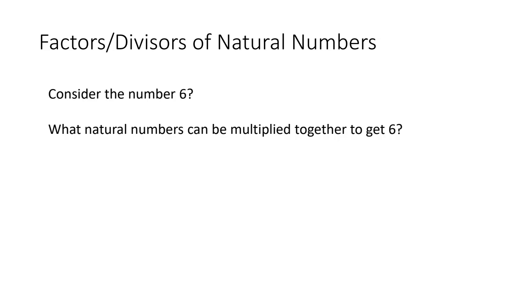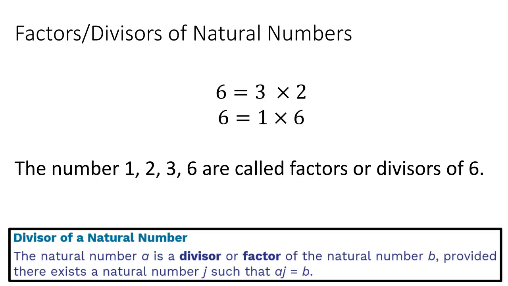So starting with, what are the factors and divisors? The idea is that we're looking for numbers that, if you multiply them, would give you the original number. For example, 6: what are the numbers that would give you 6? Such numbers would be 3 and 2, 1 and 6.